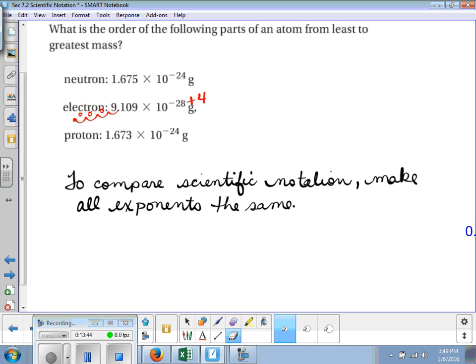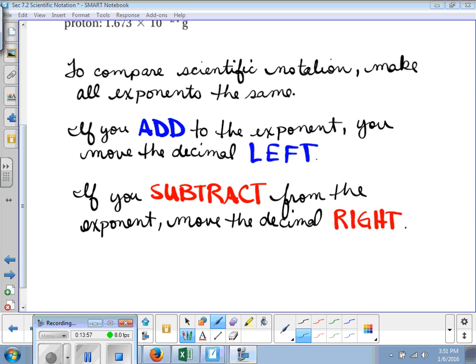So 1, 2, 3, 4, you add your zeros. So here is your number. All right. So if you add to the exponent, you move the decimal to the left. And of course, conversely, if you subtract from the exponent, then you're going to move the decimal to the right.